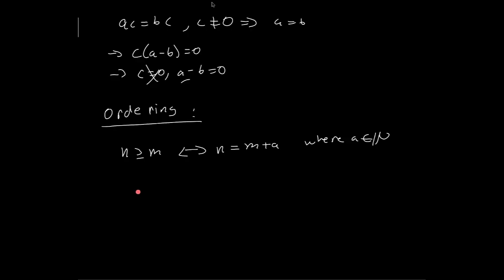One thing that we should note is that if a is greater than b, then the negation of a is less than the negation of b. How do we prove this? Well, we can add a to both sides and add b to both sides. Wait, no. Negation of b is less than negation of a. Sorry about that.